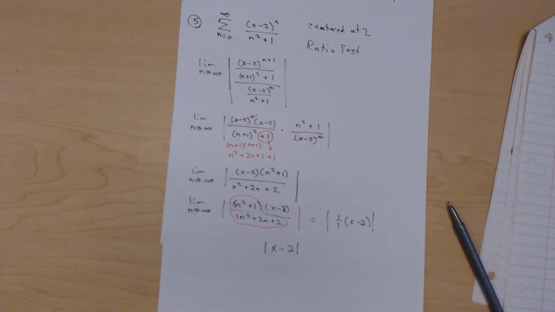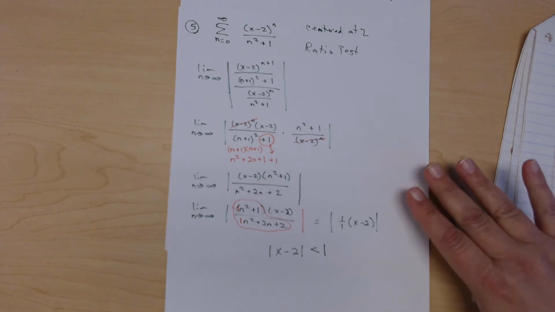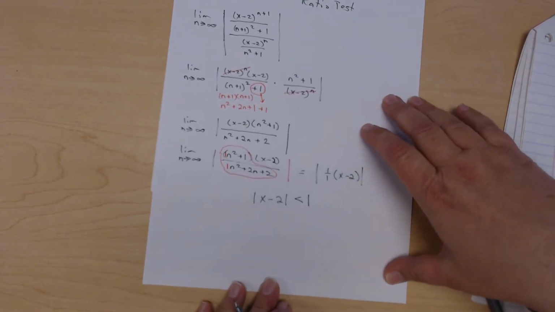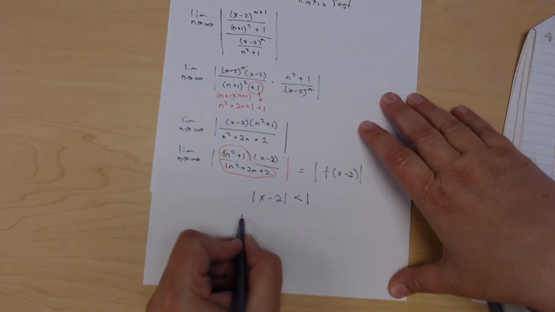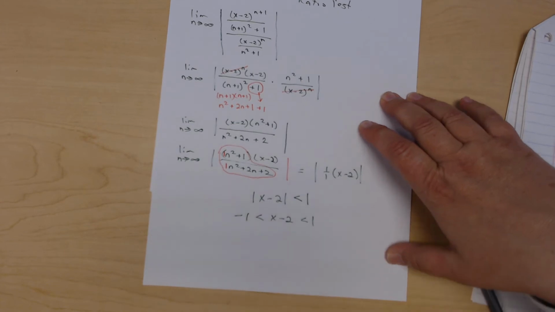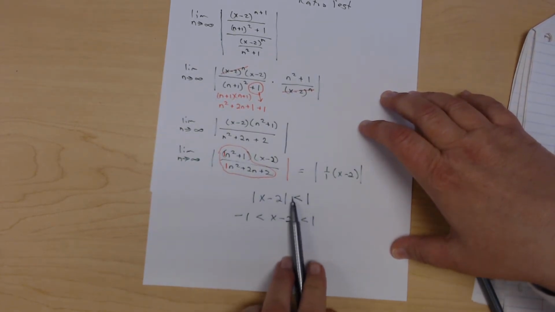That's my limit, and the ratio test says this has to be less than 1. So negative 1 is less than x minus 2, which is less than 1. That's how you do absolute values when it's less than.